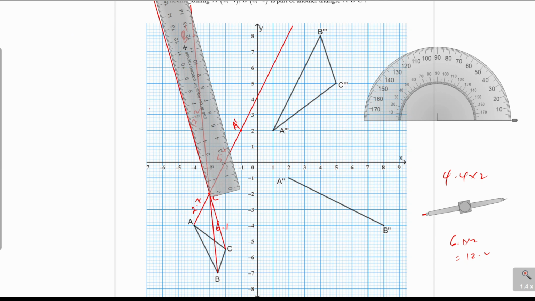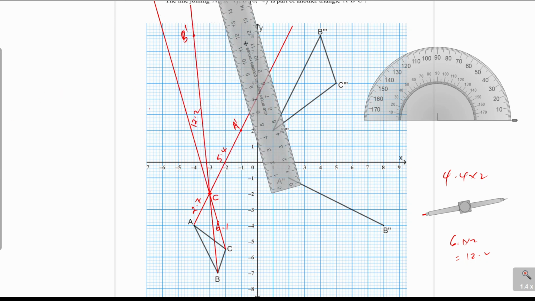So 8.8 will be exactly here. So let me mark it here. So that is how we shall have C prime, like that.